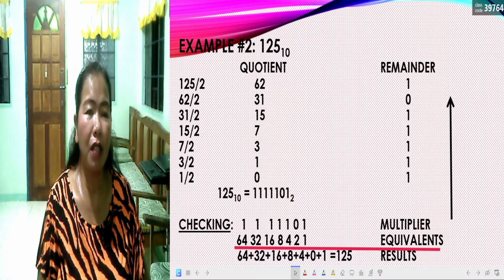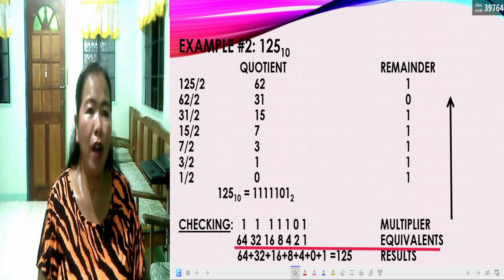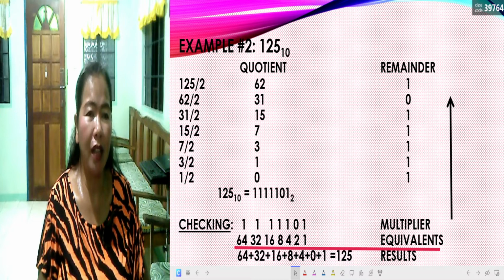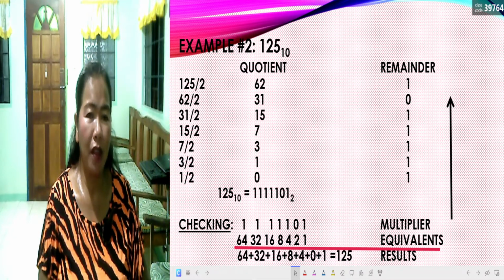Therefore, that ends the process of division. Therefore, reading the answer upward, that results to 111101 in binary. That is the equivalent value of 125.